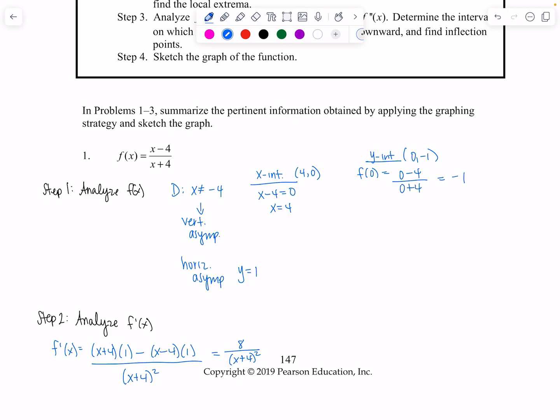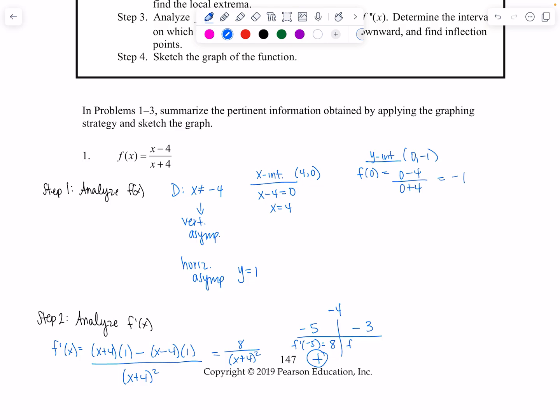So if our partition number is -4, then we can test -5 and -3, surrounding it, and see where is it increasing and where is it decreasing. So if we plug in -5, we'll get 8 over -5 plus 4, so -1 squared. That will just give us 8. So positive on this side.